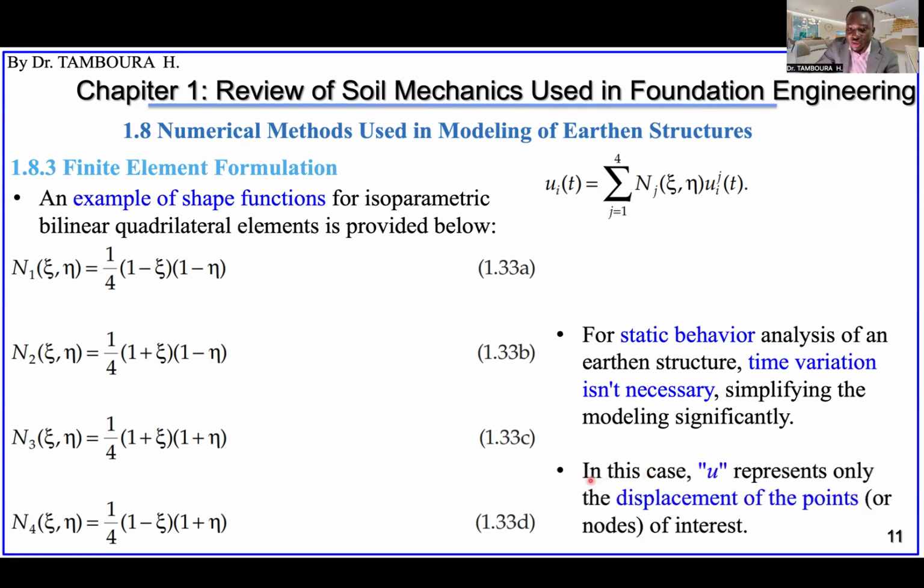In that case, U represents only the displacement of the point or the node of interest. Okay, only displacement. The time function is not needed, because it is static, and when the behavior is static, it doesn't depend on time.